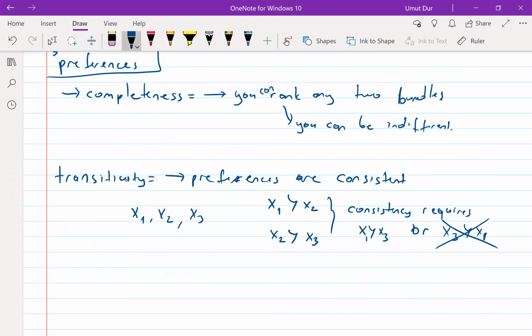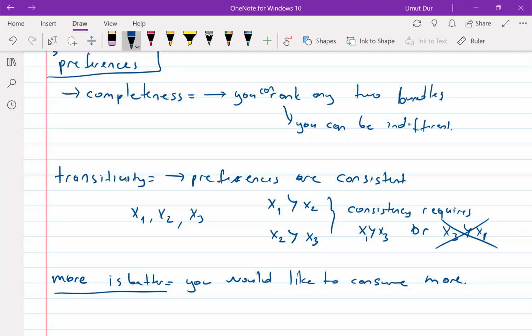Okay, so the third assumption is more is better. It simply says that, it is self-explaining, you would like to consume more.